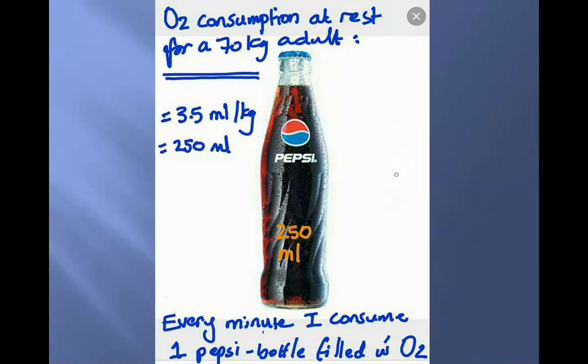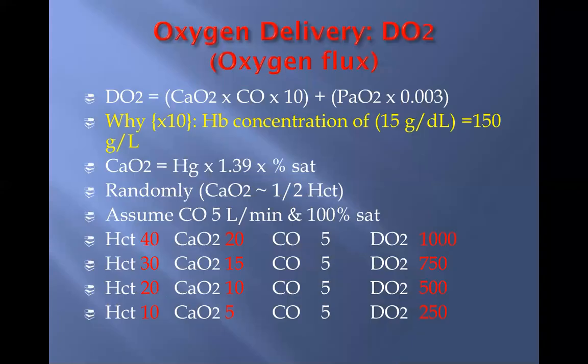If there is hypovolemia, there will be no delivery of this oxygen to vital organs. So this is the importance of the fluid and normal fluid content within the intravascular volume.